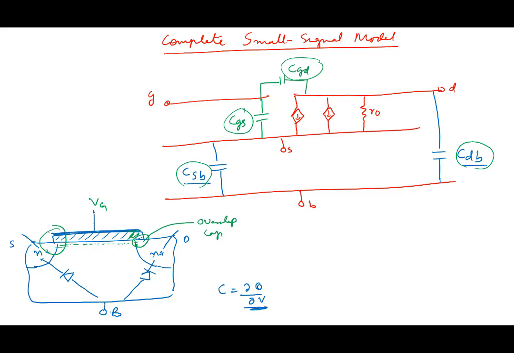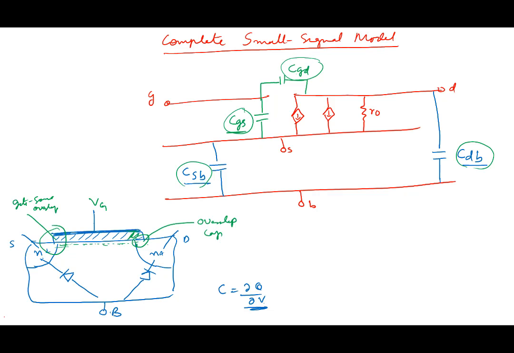Similarly, there's an overlap on the other side between the gate and drain. This is called gate source overlap. So in this CGS, there is an overlap capacitance, and then there is the contribution due to the inversion layer. And CGD is similarly because of that. So those are the four major capacitances.